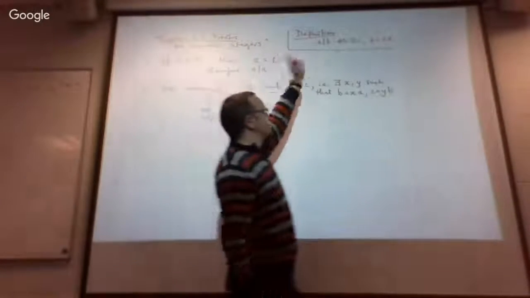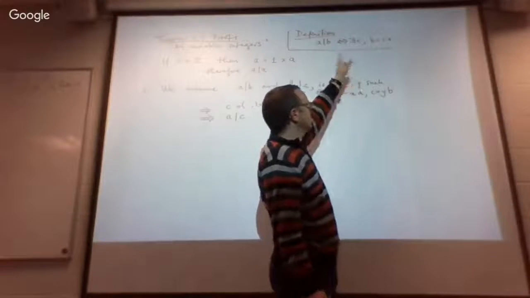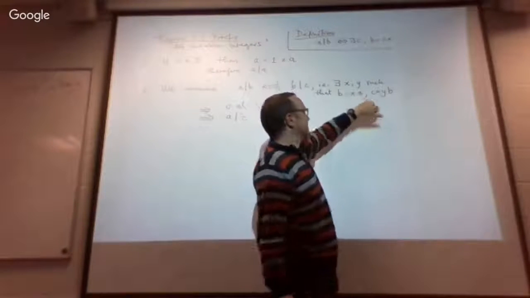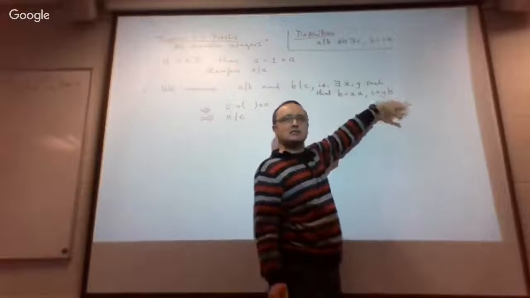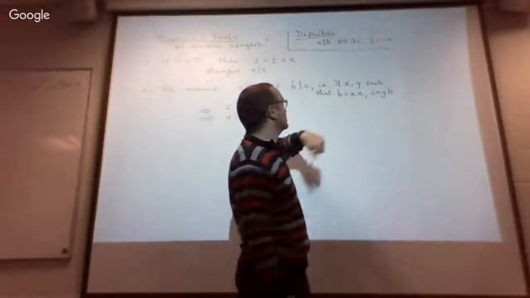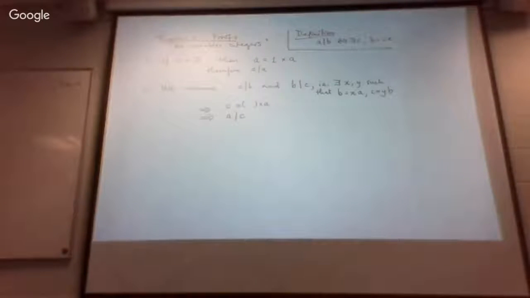Don't just say there exists one C such that B is C times A; well, you can't use C because C is being used here. But don't just say there exists an X such that B is X times A and C is X times B. There's no reason it should be the same multiple involved in both. They should be potentially different multiples.